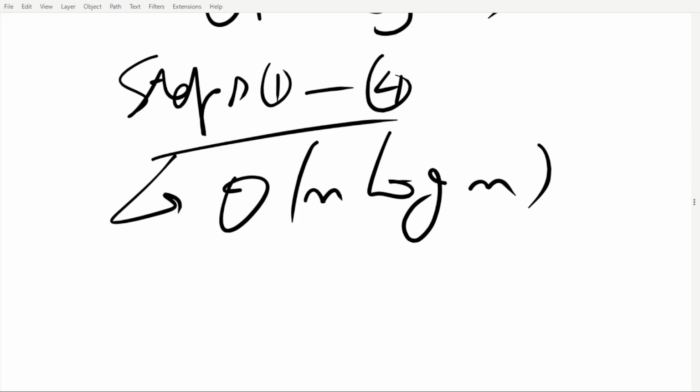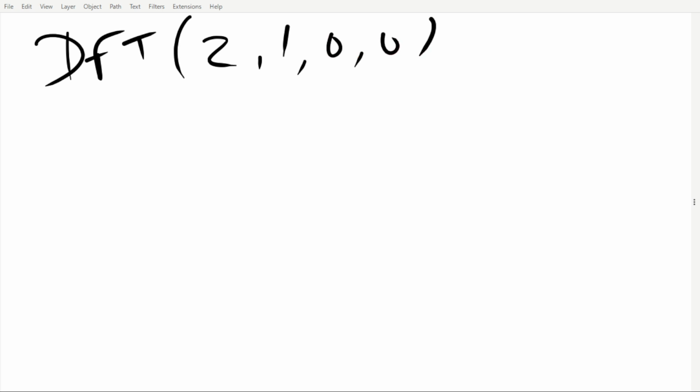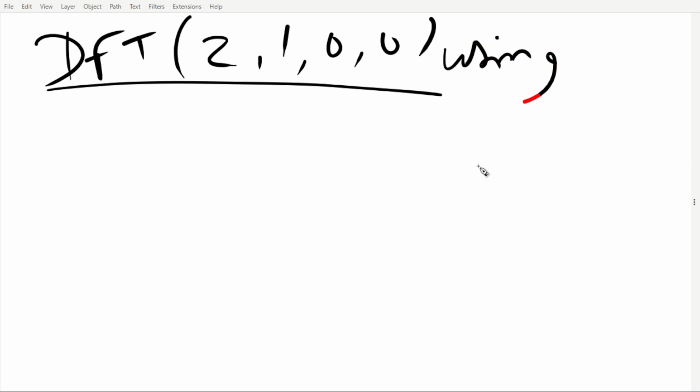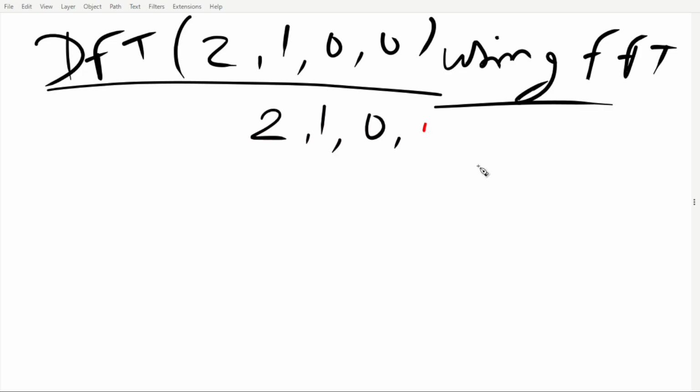So this is our idea, and we start with our first DFT, computing the DFT of 2 1 0 0 using the FFT algorithm. Our original problem is 2 1 0 0.